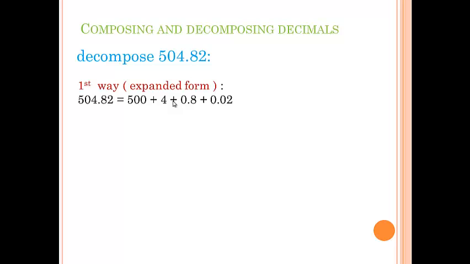Or second way, we break the number into two halves, part whole and part decimal. 504 plus 0.82.